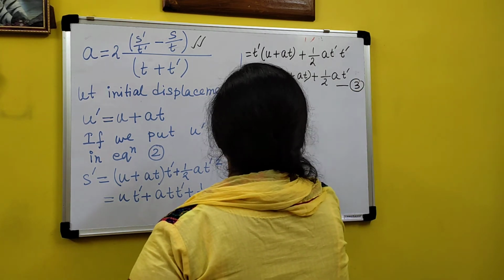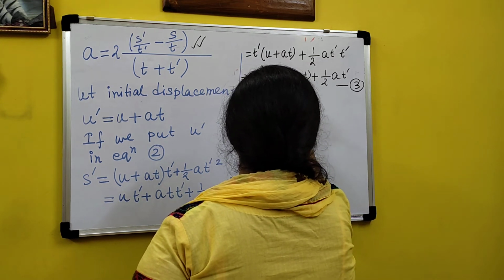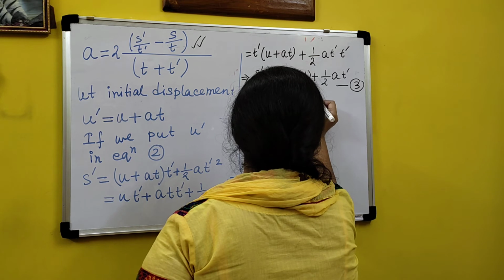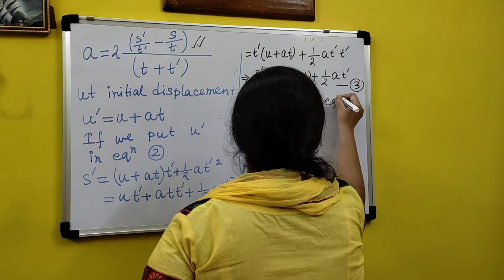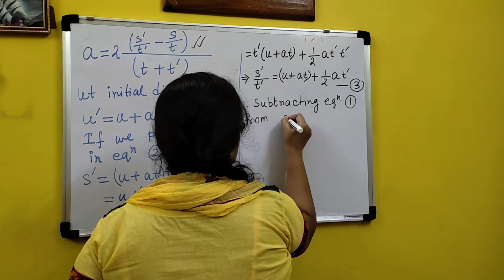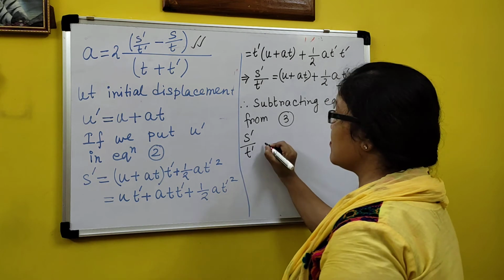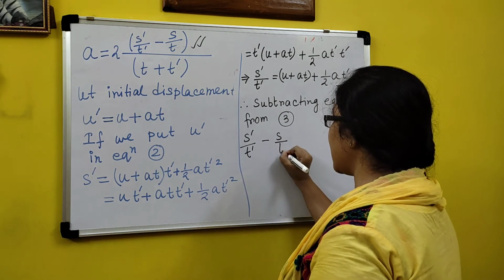Subtracting equation 1 from 3, what I am getting, that is s prime by t prime minus s by t.